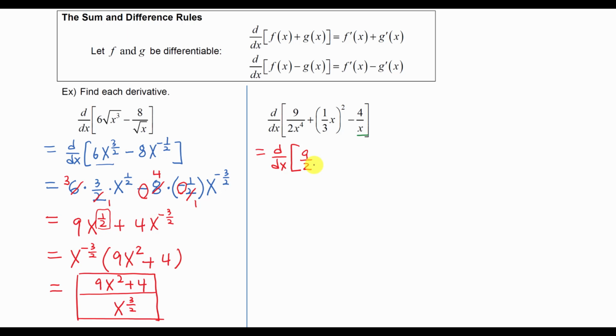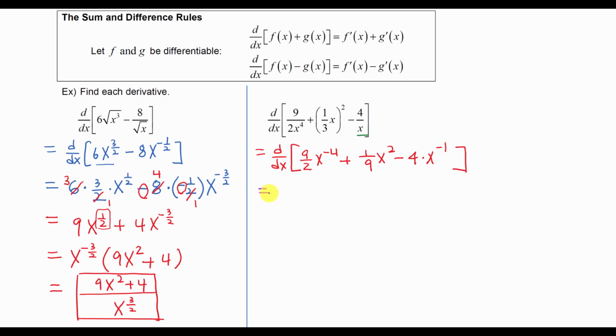Since x to the 4th power is in the denominator, when you bring it to the numerator, it's going to become negative power. 1/3 x times 1/3 x will give you 1 over 9x squared minus constant multiple 4 times. When you bring x to the numerator, it's going to become negative exponent. It's all now ready to take the derivative of each, and you will use power rule for all of it.